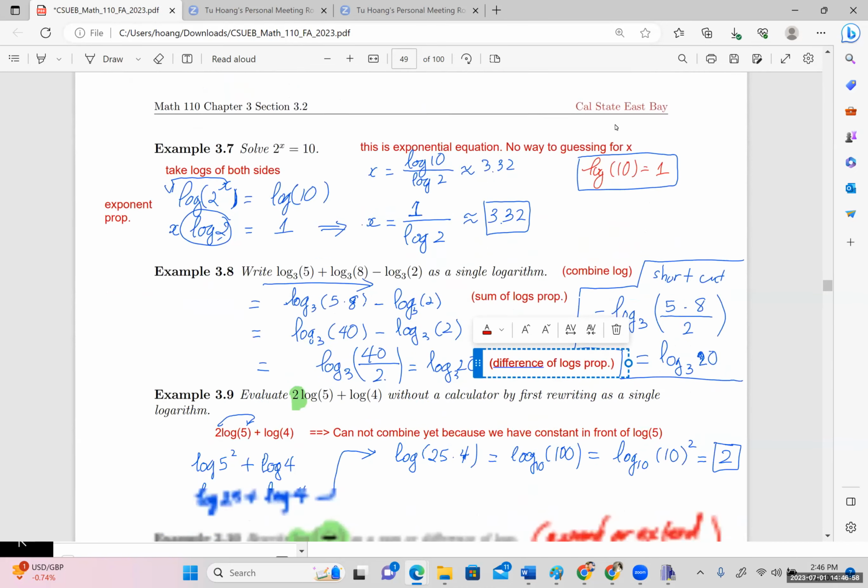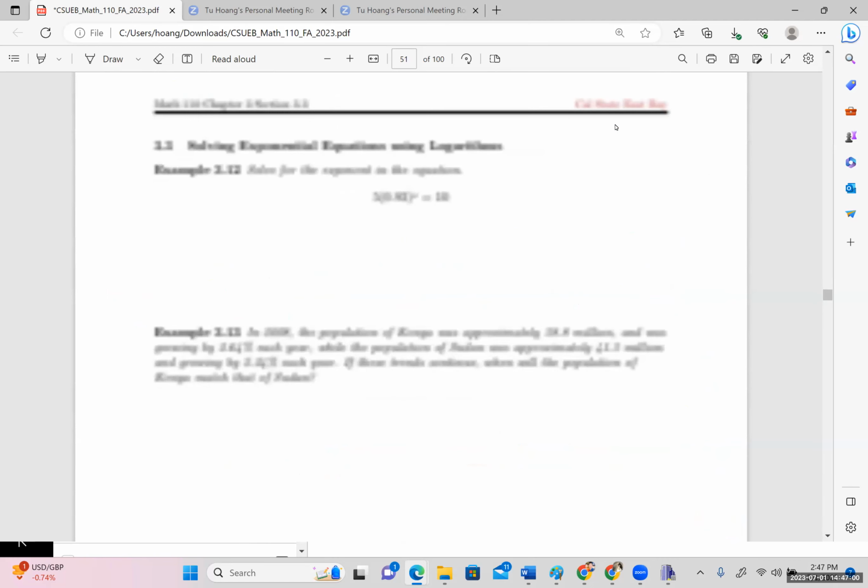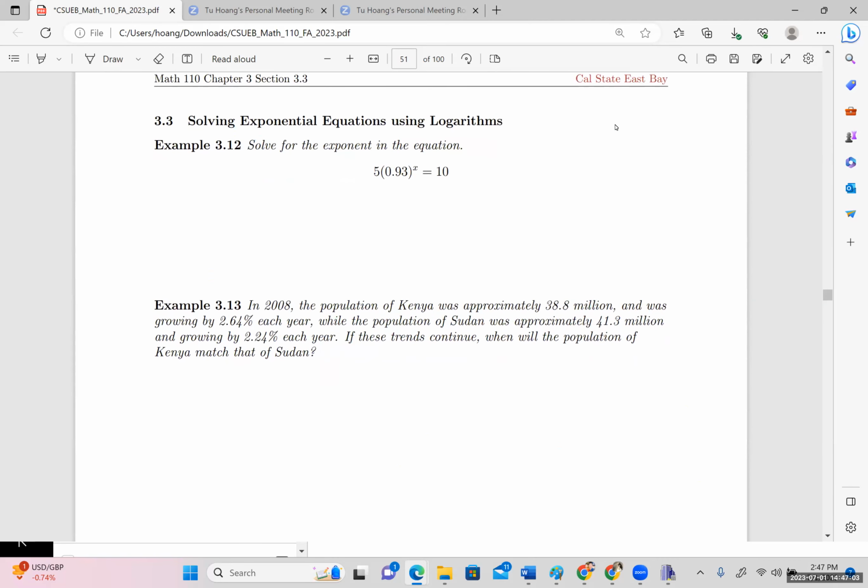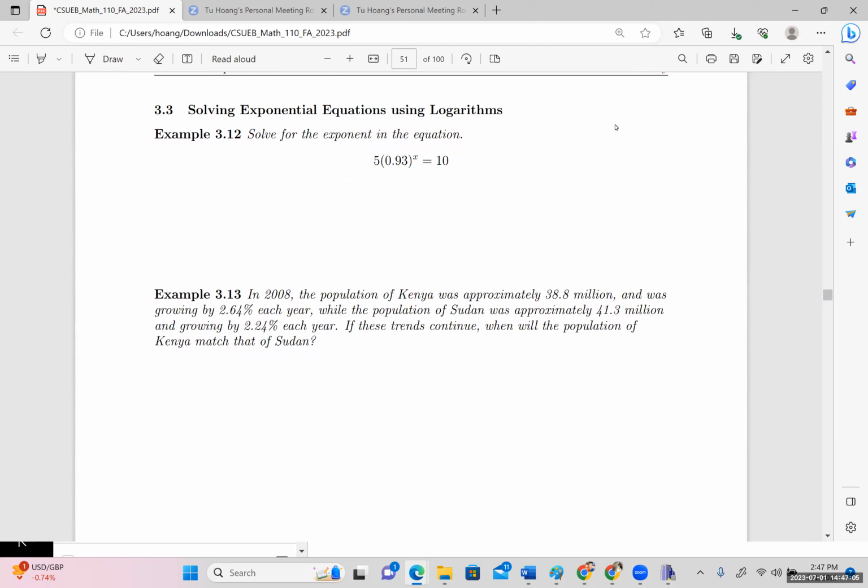Now we focus specifically on solving exponential equations in this section. Let's start with example 3.12. Solve for the exponent in the equation.